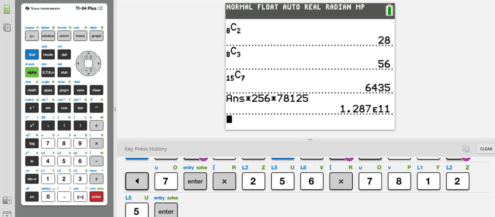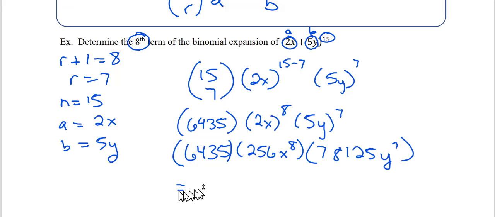Nope, it's given me scientific notation as well. This means 1.287 with, it'll be what, 8 zeros after it, moving the decimal place 11 spaces. Probably they're not all zeros. It's probably rounded here because these numbers don't indicate to me that we would get zeros at the end. Not a lot of zeros at least, but we'll just write it like that. 1.287 times 10 to the 11th power is what that means. X to the 8th, Y to the 7th.